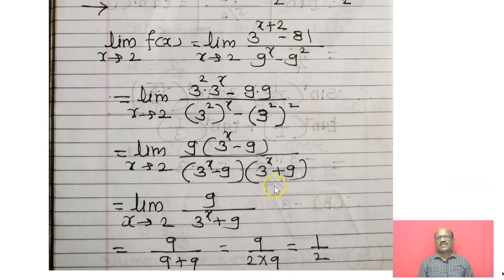The numerator and denominator 3 raised to x minus 9 get cancelled, so limit x tends to 2 of 9 upon 3 raised to x plus 9. As x tends to 2, it is 3 square, and hence the answer is 9 upon 9 plus 9, that is 9 upon 18, which equals 1 upon 2.